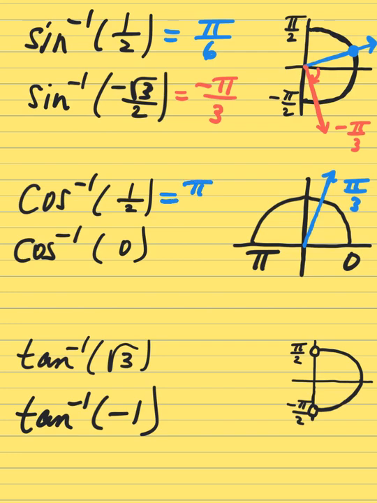Cosine of pi over 3 is equal to 1/2. Cosine inverse of 0. Well, what angle in these top two quadrants has an x-coordinate of 0? That's right, 90 degrees. Your x-coordinate is 0. Now, we don't want to say 90 degrees. We want to keep it in radians, but that's pi over 2.